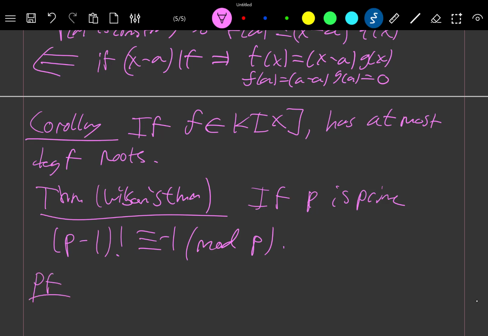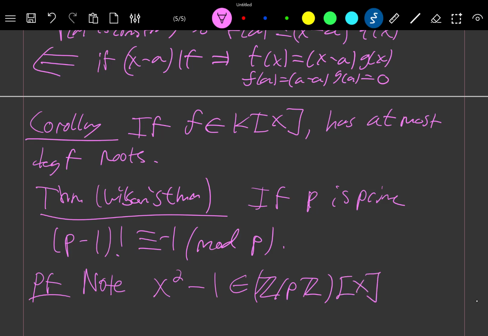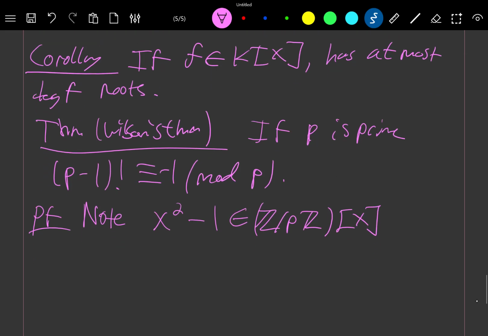We're going to prove this by noting that if we look at the polynomial x squared minus 1, which we think of as a polynomial in Z mod pZ, which we showed was a field, I believe, two lectures ago, this has at most 2 roots, namely plus and minus 1. So plus and minus 1 are the only roots.